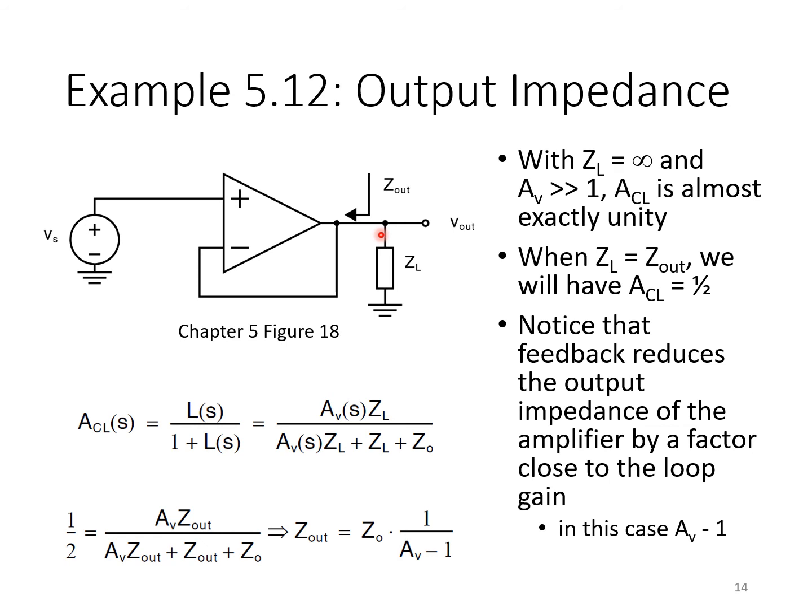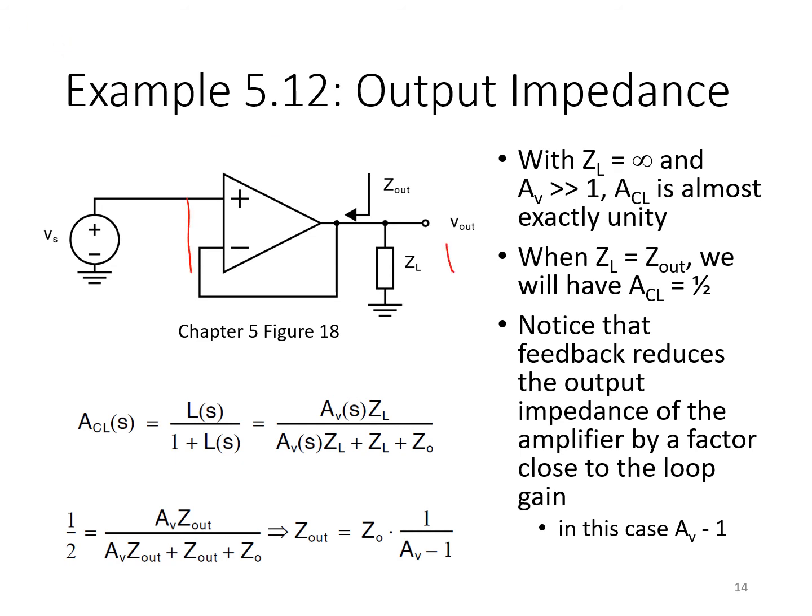Now, at some point, if we keep reducing the impedance ZL, we will see that the closed loop response will drop all the way to 1/2 of the value observed when ZL was infinity. And at that point, we would know that ZL is precisely equal to the output impedance, Z0.